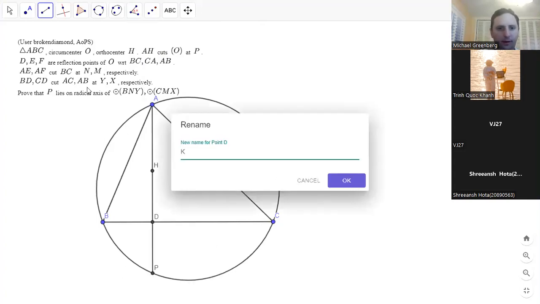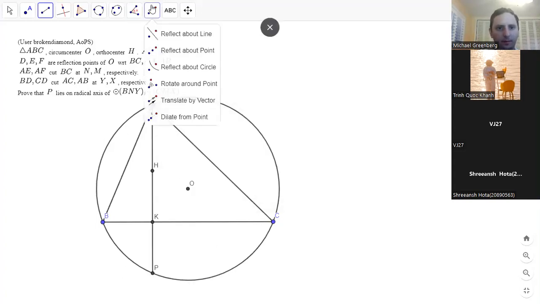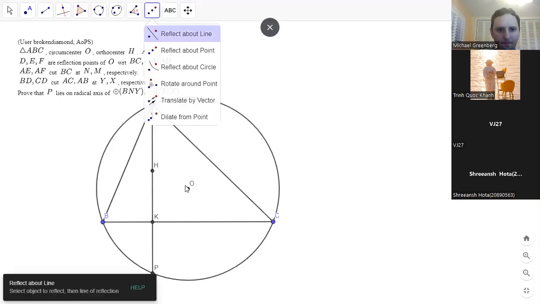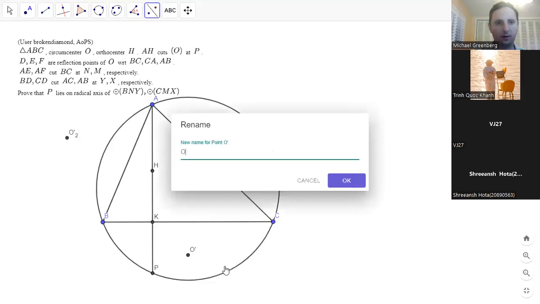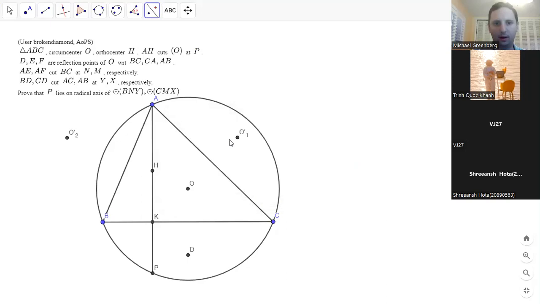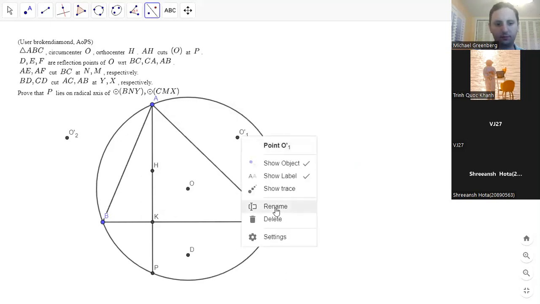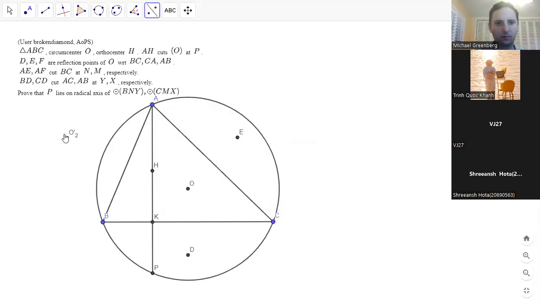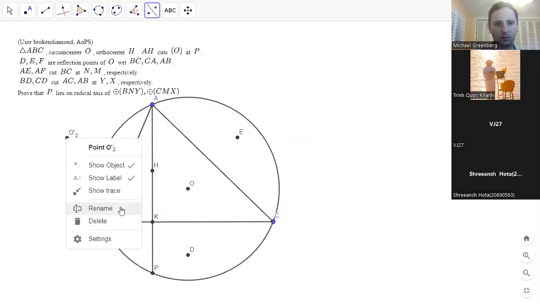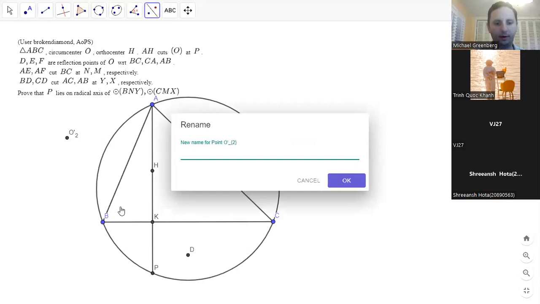So we want to reflect O over each side. I'm going to call them D, E, and F. And then EF is parallel to BC.